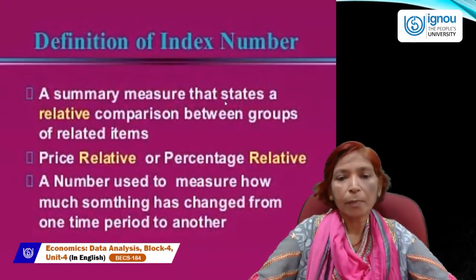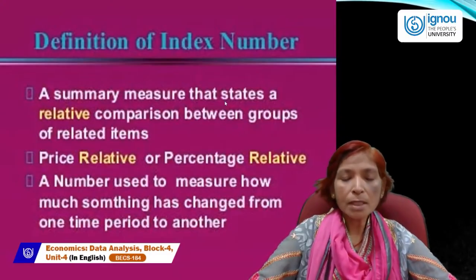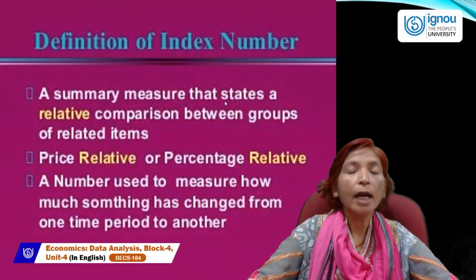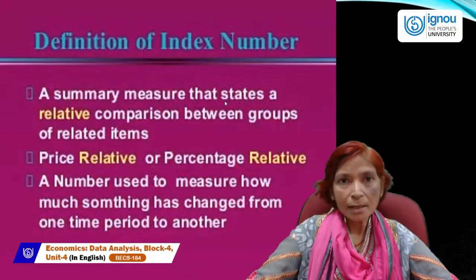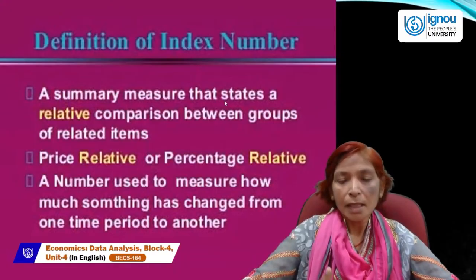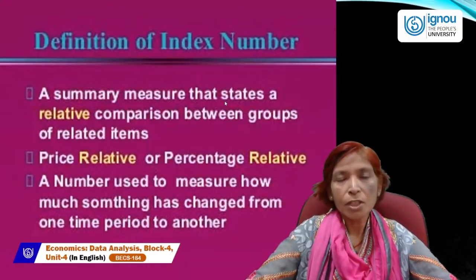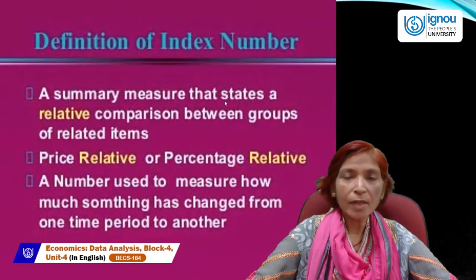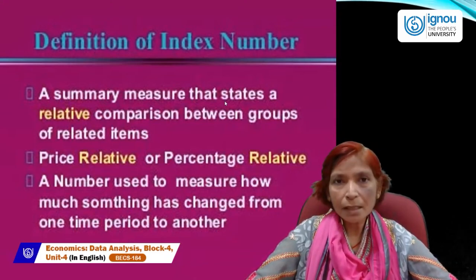Price relative or percentage relative is a number used to measure how much something has changed from one time period to another. The time period is the present, which is going on. The previous time period is called the base year.